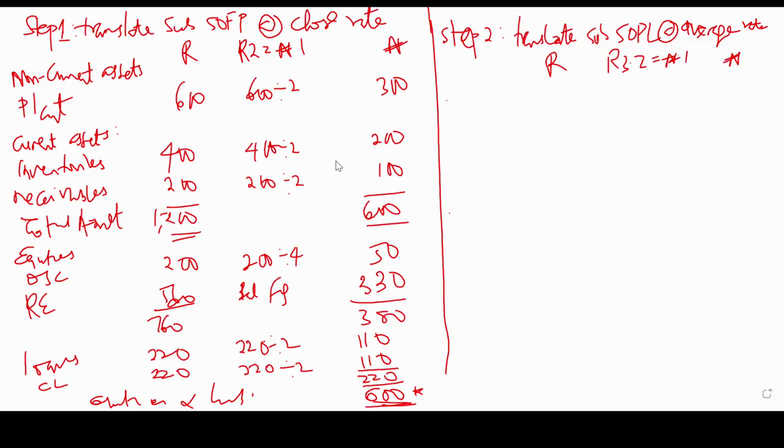So my profit before tax was 320. So I'll say 320 divided by 3.2. That should translate to 100 naira. And then tax, 160 rand.